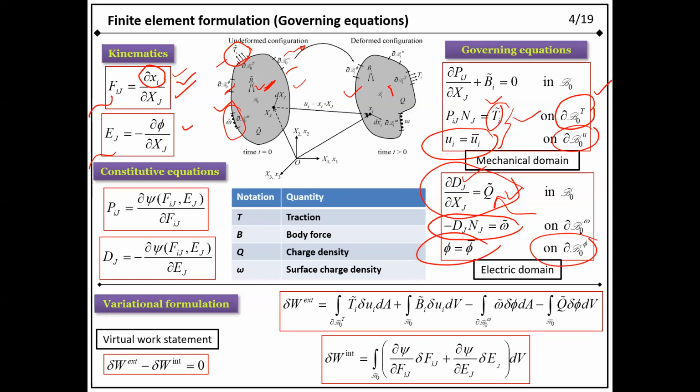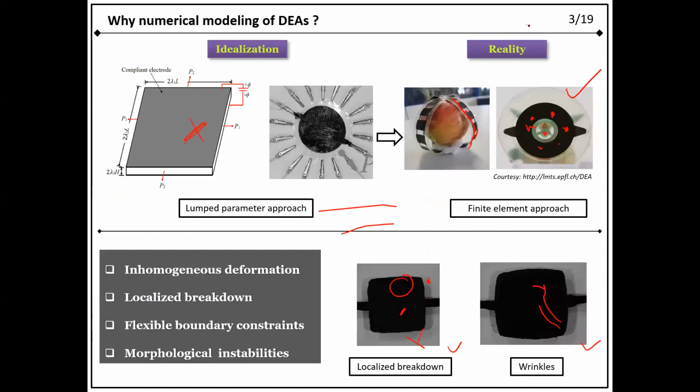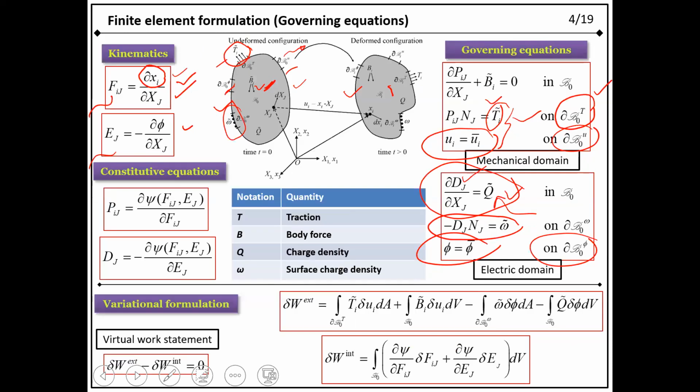So these are the governing equations required in order to develop a finite element model. These are the differential equations that govern the deformation due to the application of the electric field or the electric potential difference.